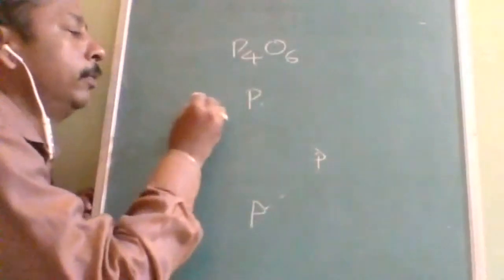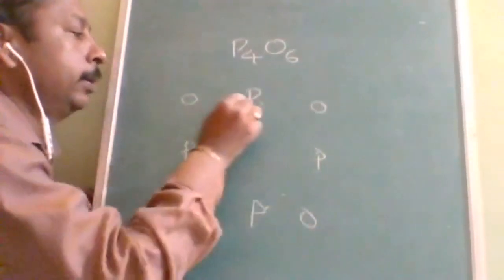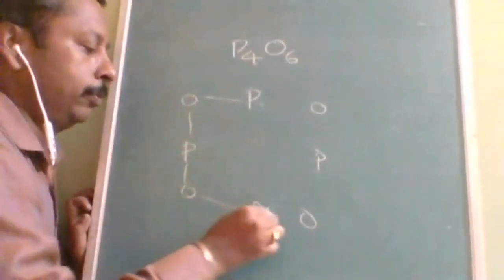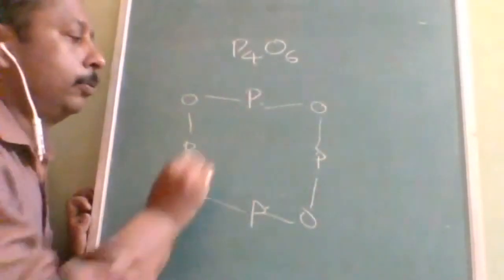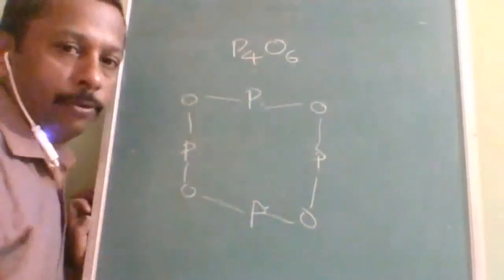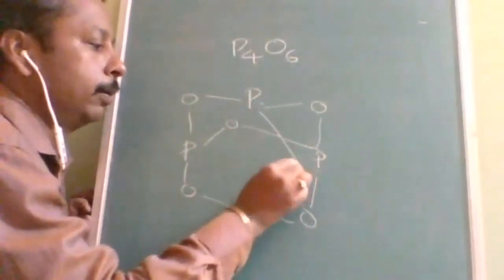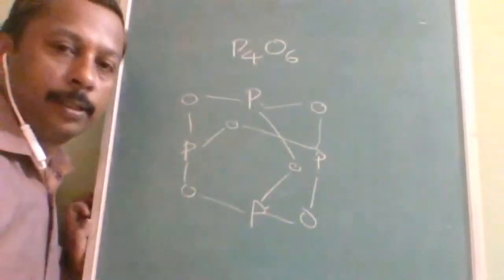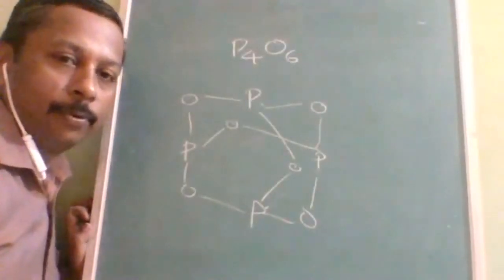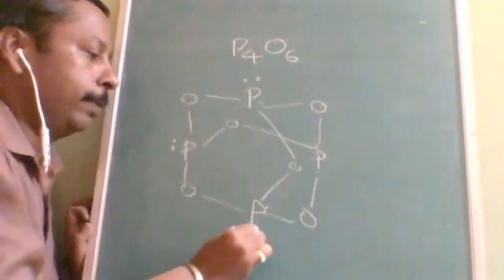So I will write the oxygens in between: 1 2, 1 2, 1 2, 1 2. Then you are left over with two more oxygens. One oxygen will be like this, one oxygen will be like this. See how beautifully drawn. This is the structure of P4O6, and on each phosphorus there will be a lone pair.